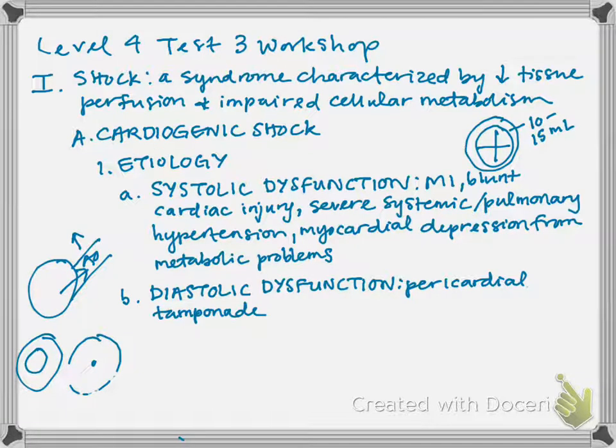But when we have so much fluid in it, it can actually obstruct the ventricle from filling. So it creates a smaller space to be filled, and therefore less stroke volume, right? Because we can't fill enough to eject it. Ventricular hypertrophy.